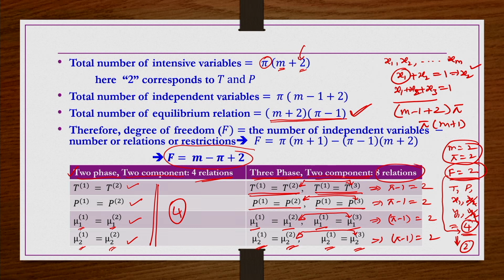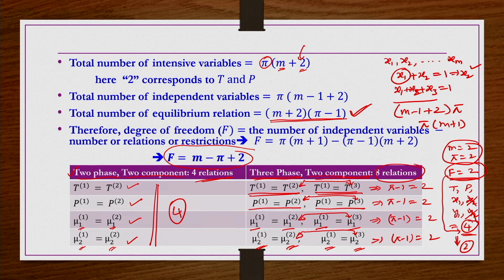That is what this Gibbs phase rule means. Let us say temperature, pressure, x1 and y1. If you fix any 2, then the remaining 2 you can easily find out using the phase equilibrium principles. That is the importance of Gibbs phase rule.